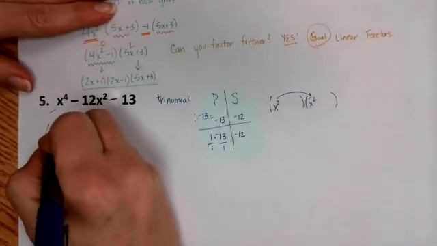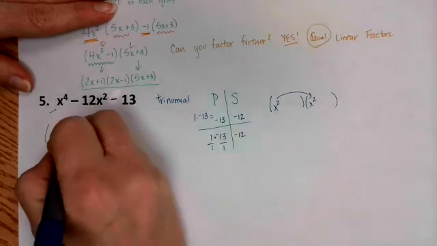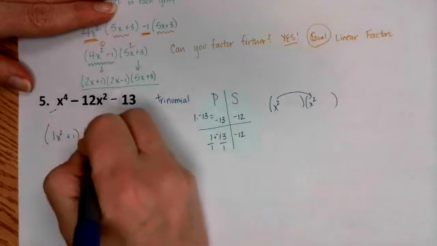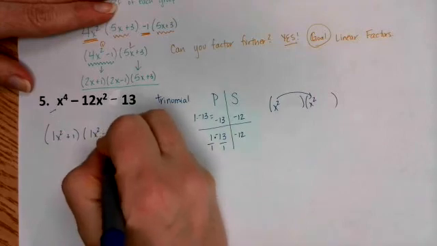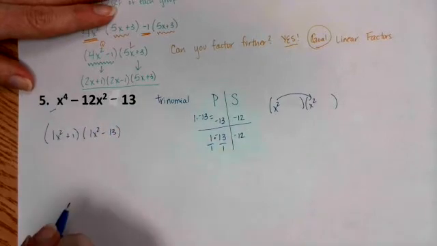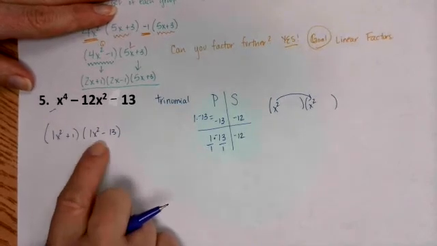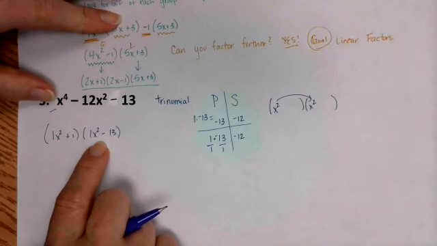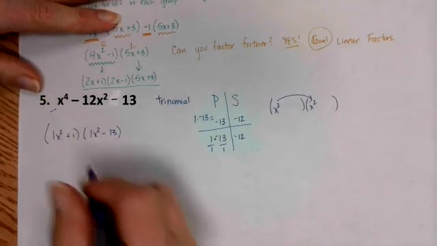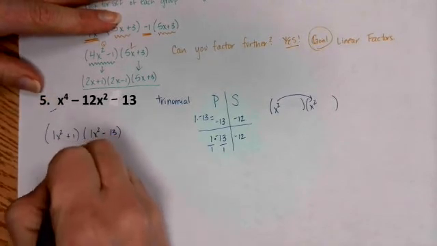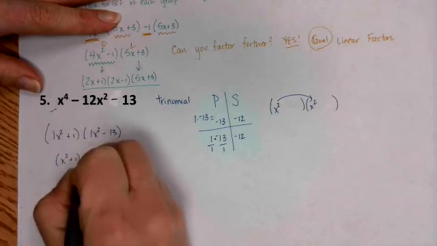So I have 1x squared plus 1 times 1x squared minus 13. Starting with x to the 4th, your first term in your 2 factors will always be half of what your degree is. So we don't really need the 1s with the x squareds.